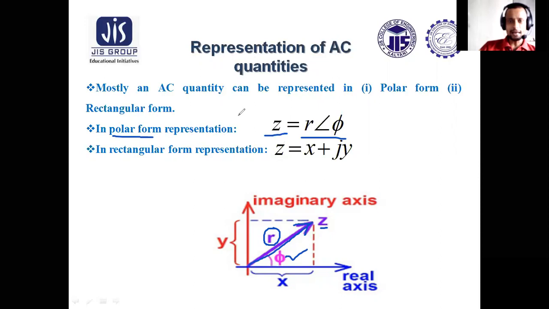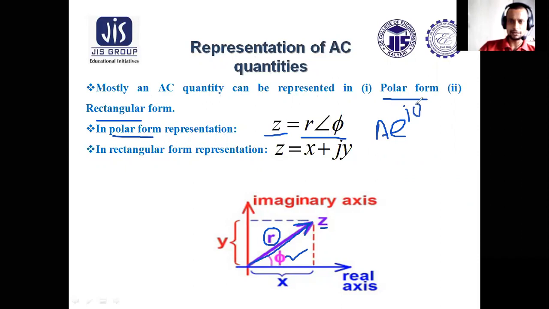We can represent AC quantities in three ways: polar form, rectangular form, and another form not mentioned here, known as exponential form. For our AC circuit calculations, if we know polar form and rectangular form well, we can make the calculations. That is why I intentionally skipped the exponential form, which is a e to the power j theta.